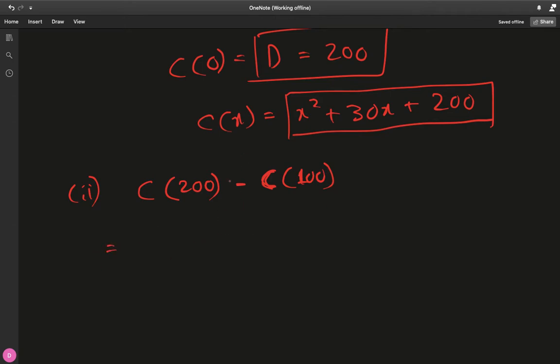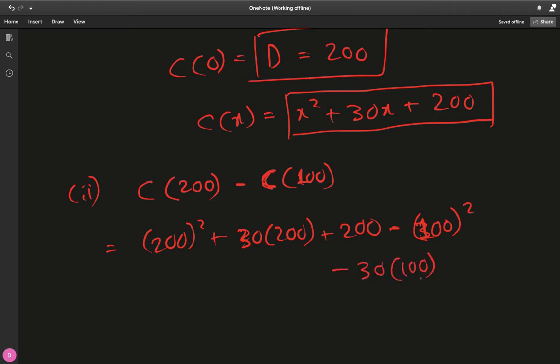So we just plug in this stuff. So 200 in the cost function. So 200 squared plus 30 times 200 plus 200 minus, now the 100 part, 100 squared plus 30 times 100 plus 200.